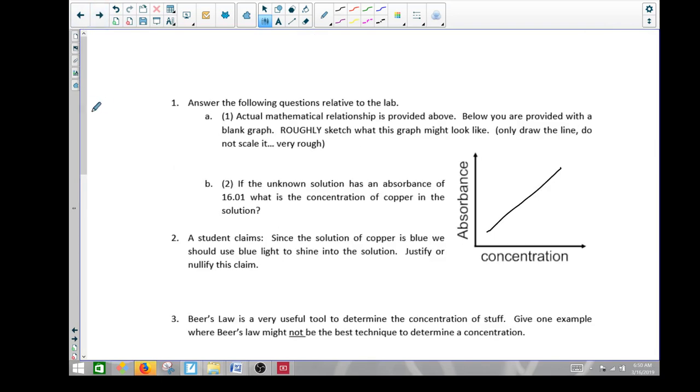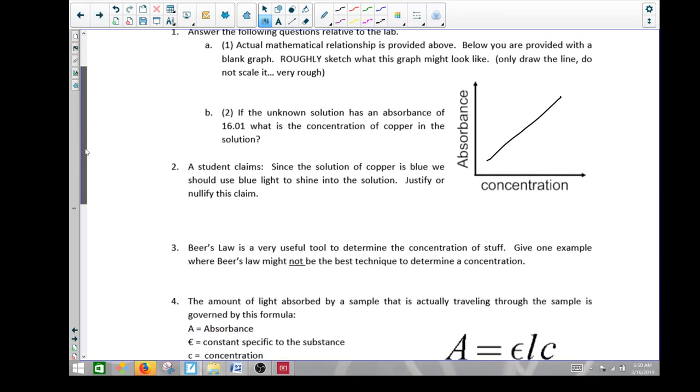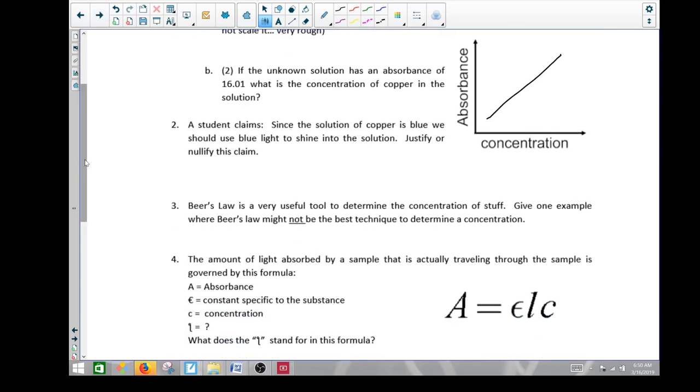Number 2. A student claims since the solution of copper is blue, we should be using blue light to shine through the solution. Justify or nullify this claim. So this is getting more common over the times. What light should you use? Well, they might give you a graph showing all the various colors of light, and they might even go beyond the scope of visible, and they'll show what range of light a particular substance is absorbing.